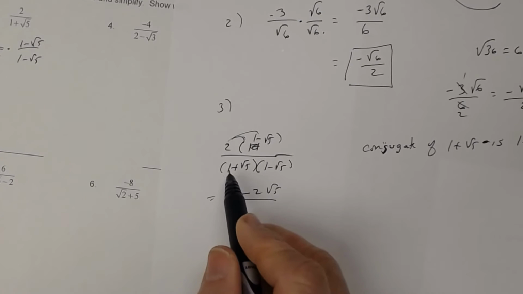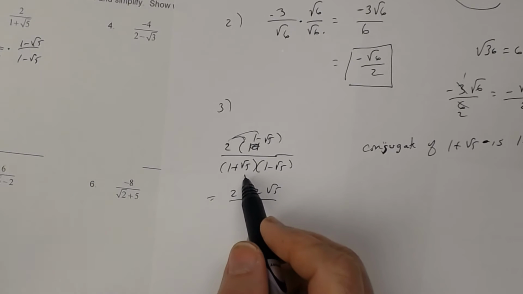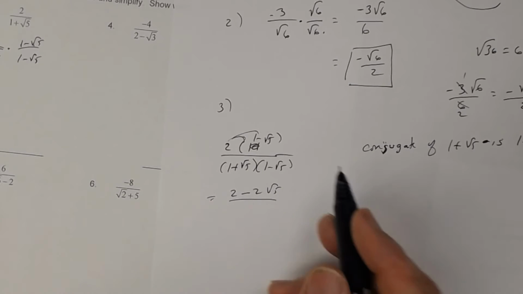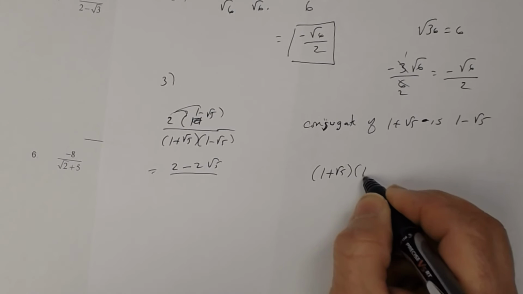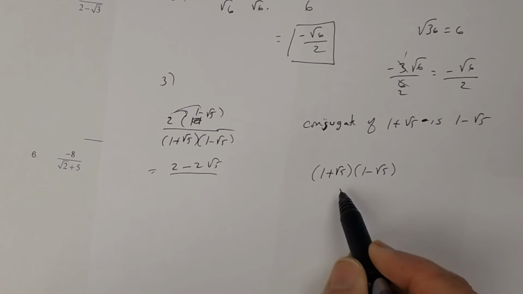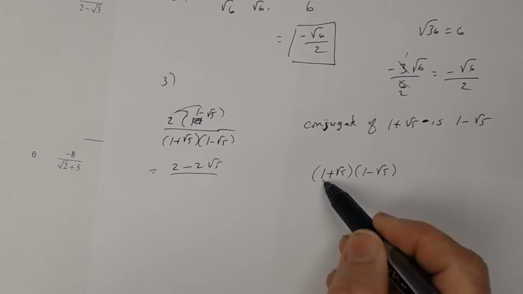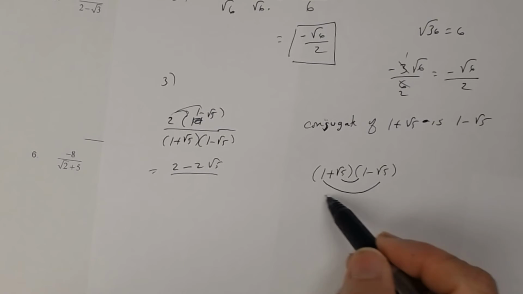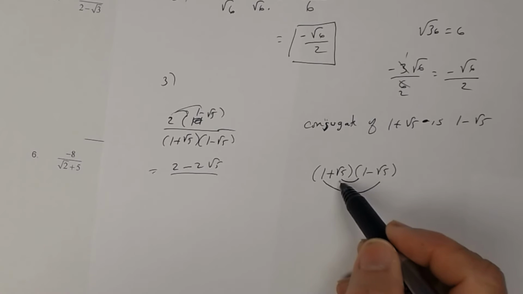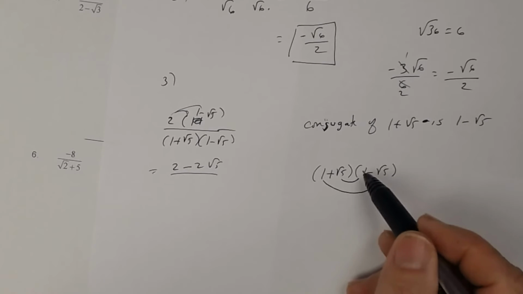Now the denominator, when I FOIL it, whenever you're multiplying conjugates, I want you to notice something. 1 plus the square root of 5 times 1 minus the square root of 5. When you multiply conjugates, the outer is a negative square root of 5, the inner is a positive square root of 5, they add up to be 0.